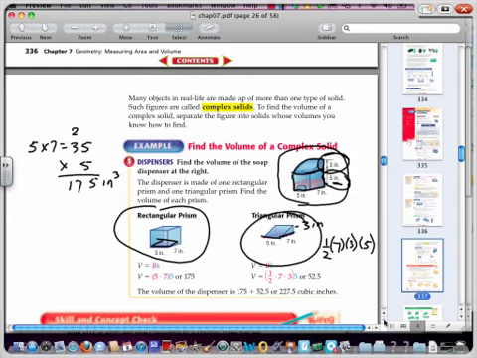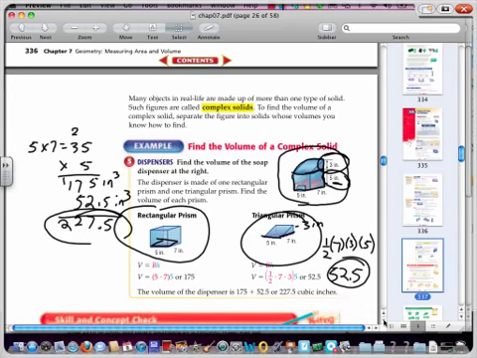And that would be 52.5. Add that into over here, 52.5. And we get 227.5 cubic inches for our soap dispenser.